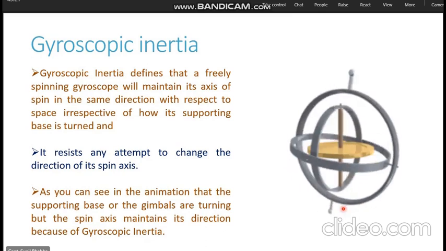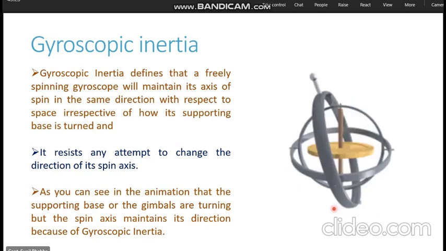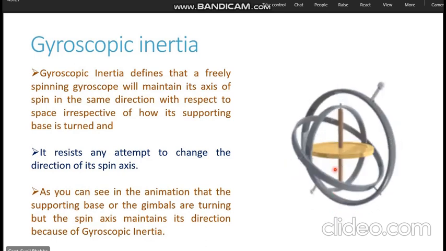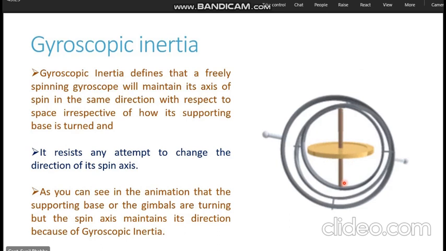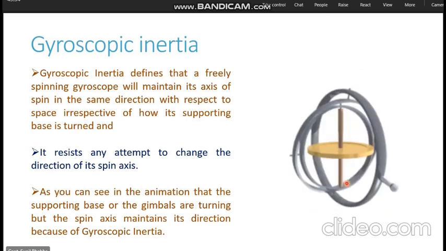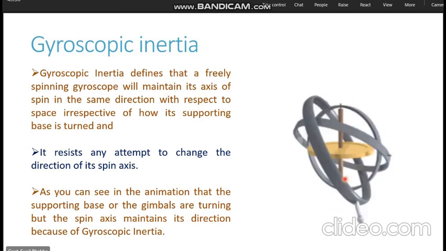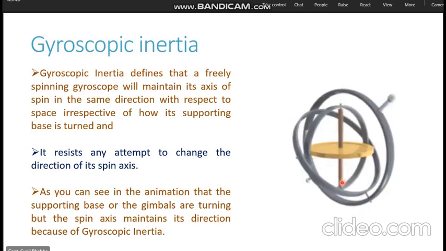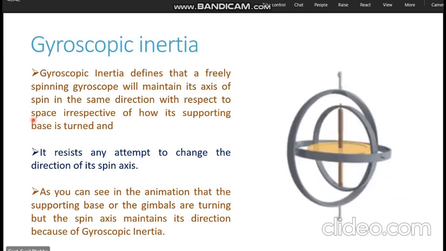You can move the outer member, holding it by these handles, in any direction you like, but the spin axis will continue to maintain its direction of spin. Now, a very important thing in this property is that the spin axis maintains its direction with respect to space.